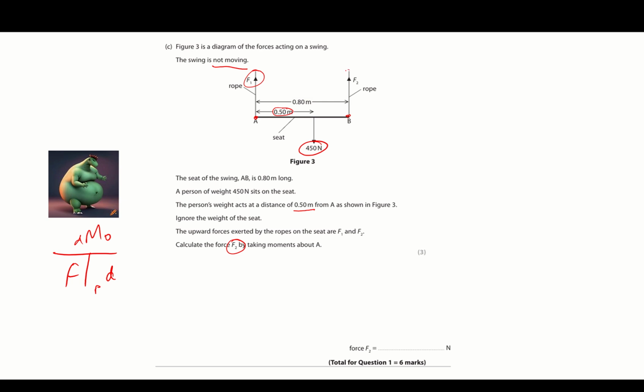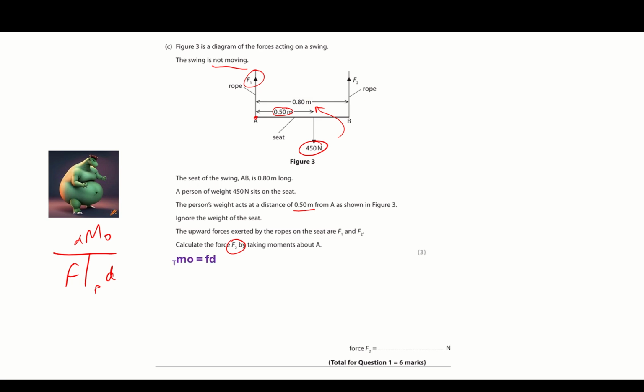So we know that those are equal to each other, and ultimately we work out this turning moment, and then that turning moment there, 0.8 times whatever the force F2 is, must equal each other. So as I said, use those two, and then once I've got that, divide it by that, and that will then tell me the turning moment AB.